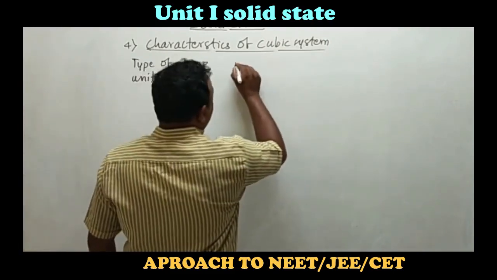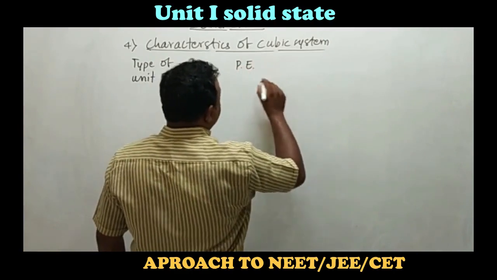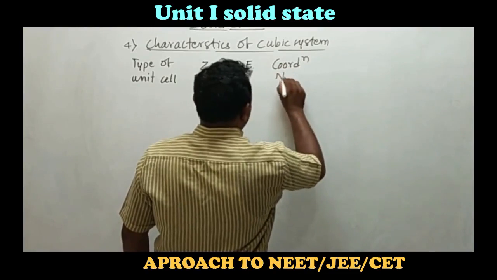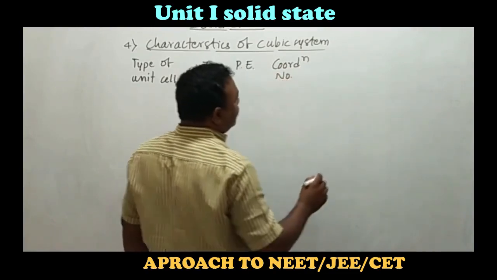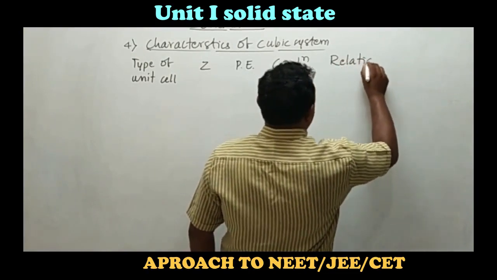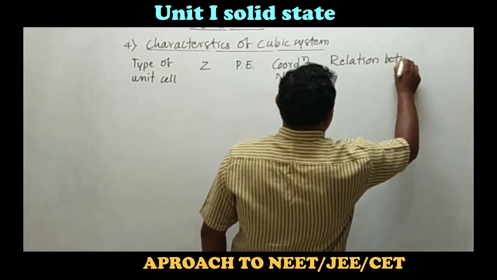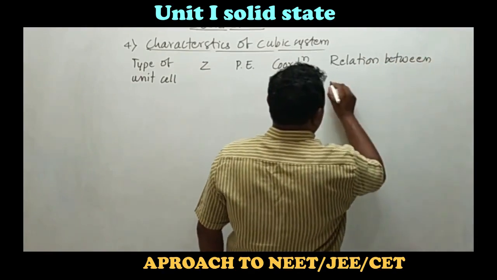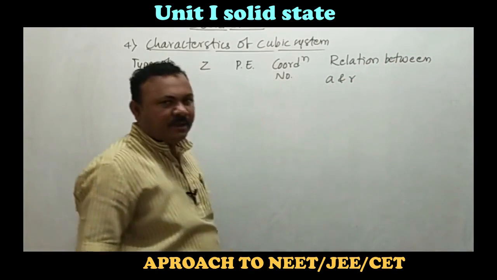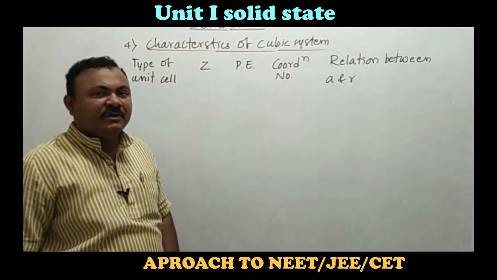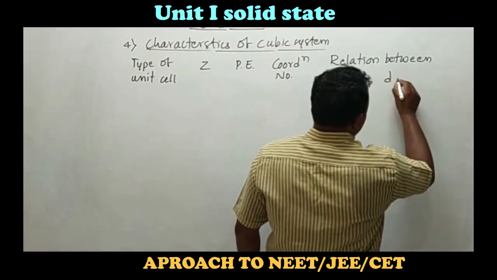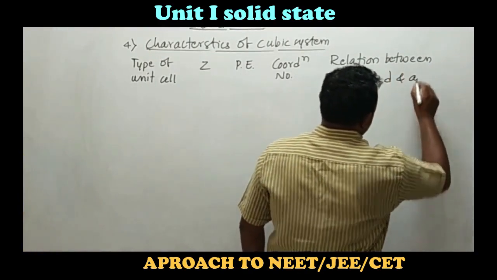Third column is for packing efficiency. Fourth column is for coordination number. And the last column is for the relation between a and R. a corresponds to edge length. R corresponds to radius of the atom. And even we are going to see relation between d and a.